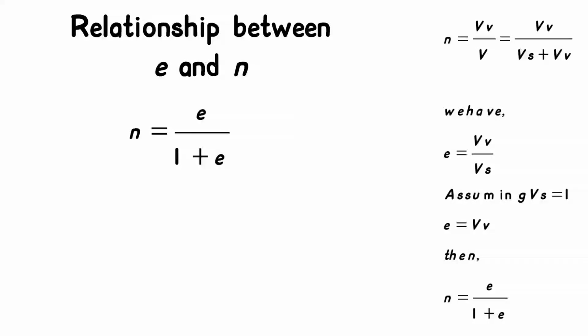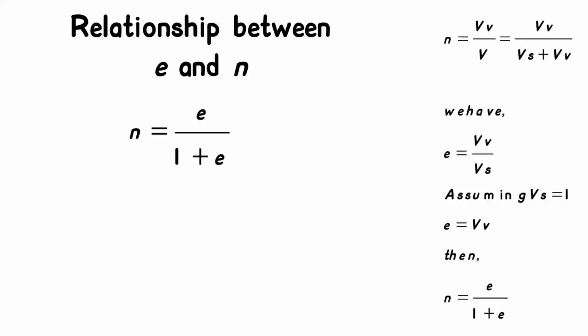Now assume that Vs, the volume of solids, is equal to 1. Then e will be equal to Vv. Then putting it in the porosity equation, n equals Vv divided by Vs plus Vv, we can rewrite it as e divided by 1 plus e.